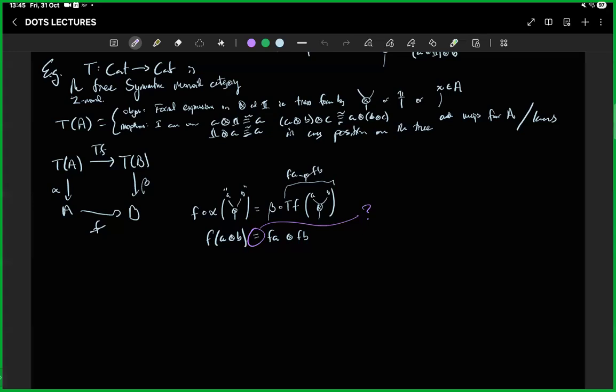A 2-monad is something like this T that I put up here, which was the free symmetric monoidal category 2-monad, and a 2-monad may be on other 2-categories, as we discussed in the last lecture. We're going to be looking at a 2-monad on this 2-category of these diagrams of categories, which is the underlying data involved in a systems theory, more symmetric monoidal loose right modules of systems.